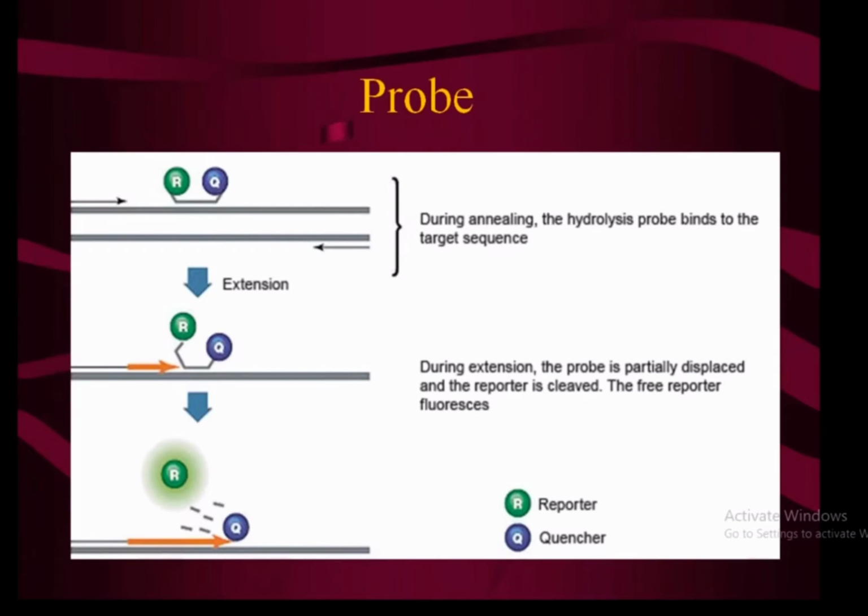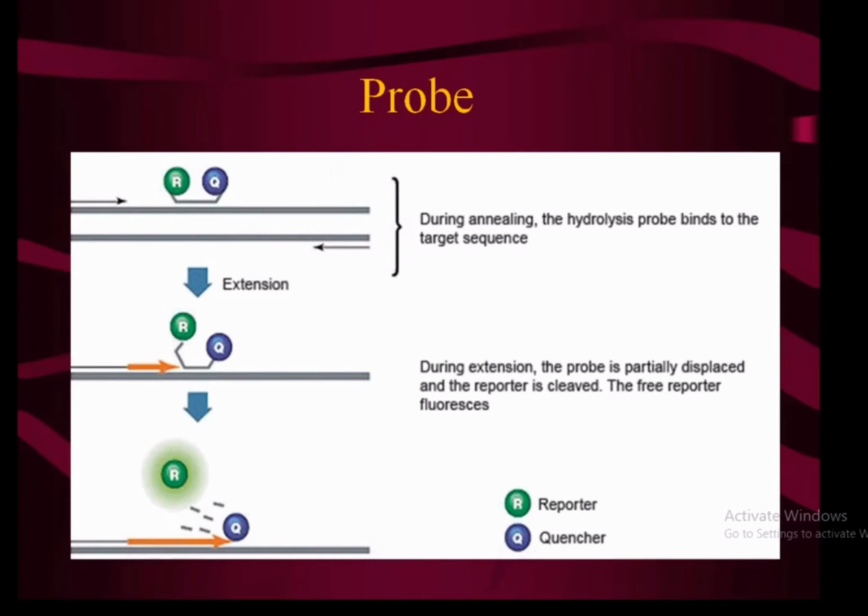This is the probe. A probe is an oligonucleotide sequence which has a reporter dye and a quencher dye. These two are placed so closely together that the reporter dye cannot express itself. The probe contains fluorescence, which is used for detection in PCR.